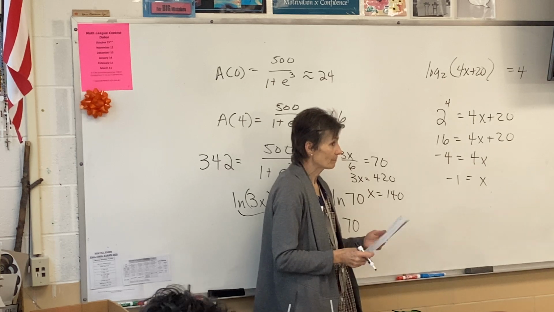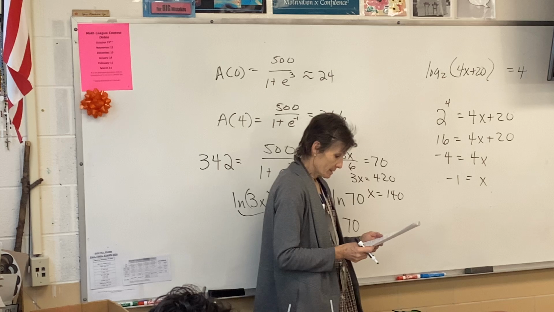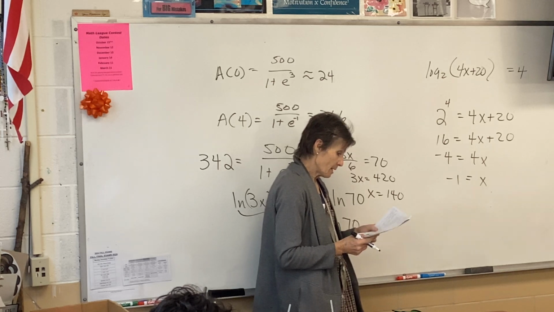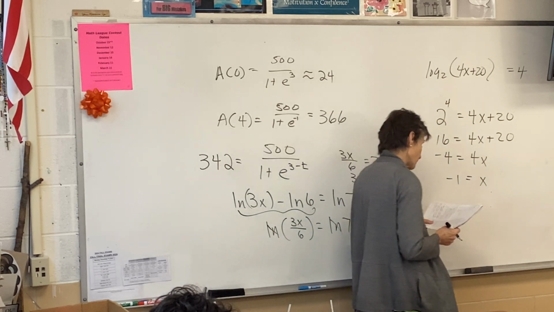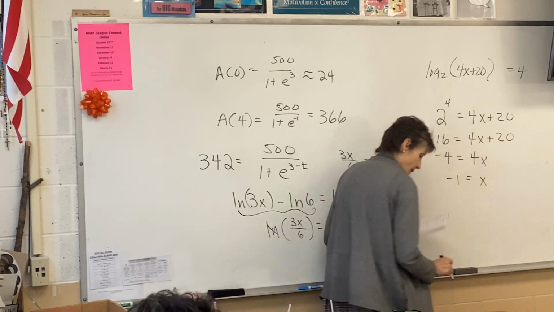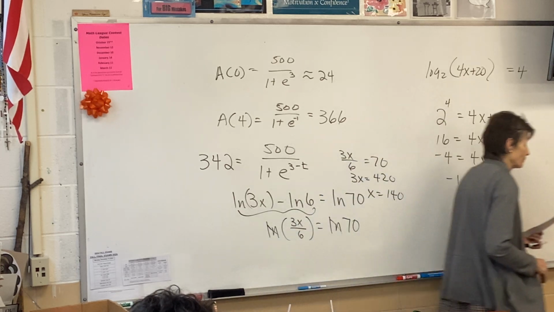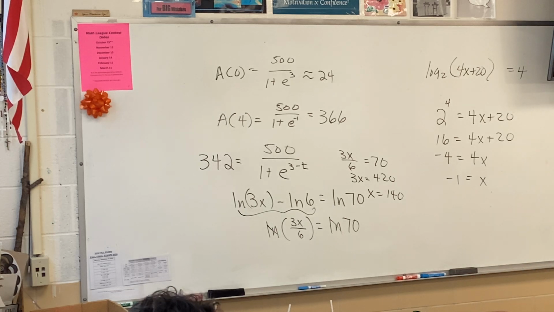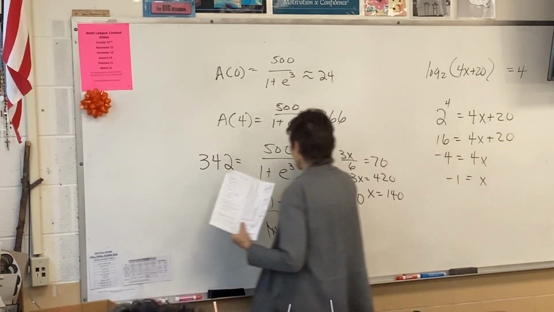Can you do 7 on page 5? Huh? 7 on page 5. Yeah, 7. How long compounded quarterly? All right, what formula am I going to use? There's more than one.